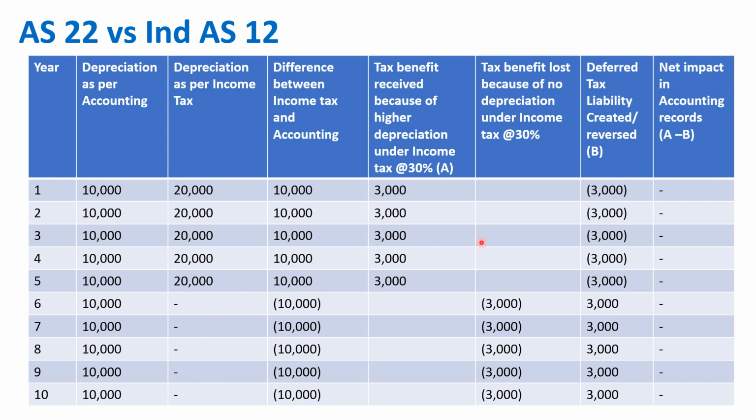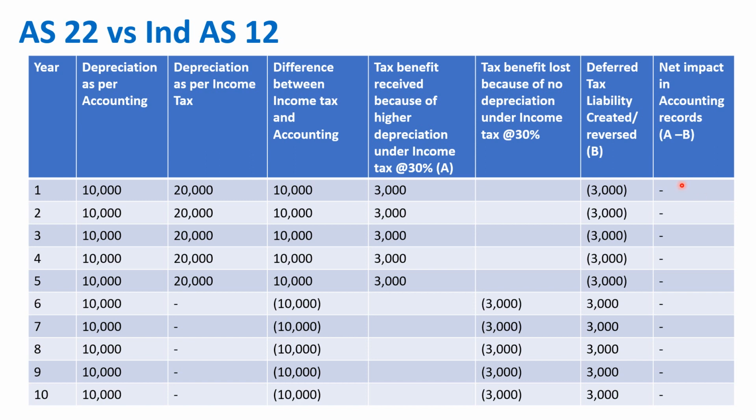So as per the matching concept, we need to create deferred tax liability every year to the extent of 3,000 rupees. The saving that you have today will be paid as a liability in future, correct? So we create a liability in the same year. And what is happening? The net impact in accounting records, that is the tax benefit minus the tax liability that you are creating, is nil. This is where the matching concept works.